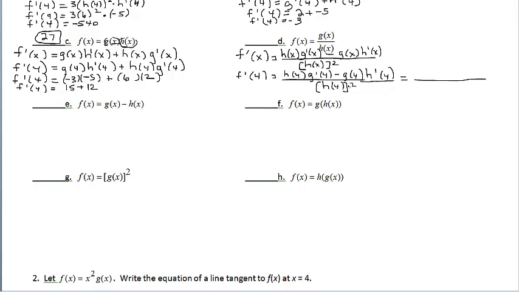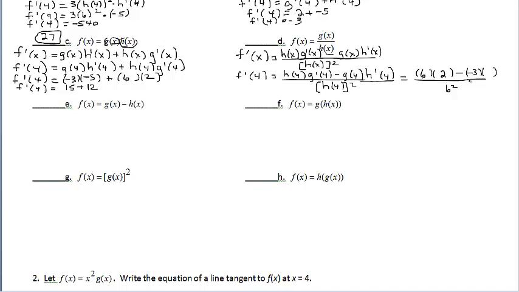All right, h of 4's value is 6. I need to square it. And on the top, I'm going to build the framework here. So h of 4 again is 6. g prime of 4 is 2. g of 4 is negative 3.